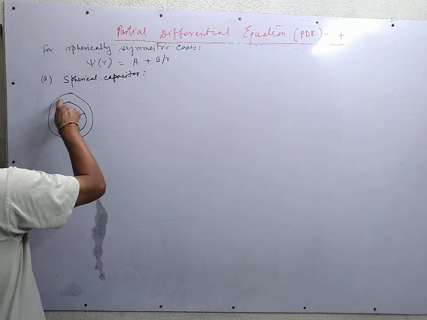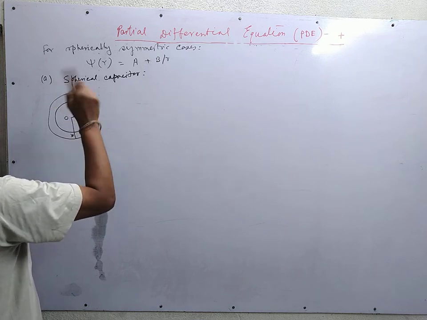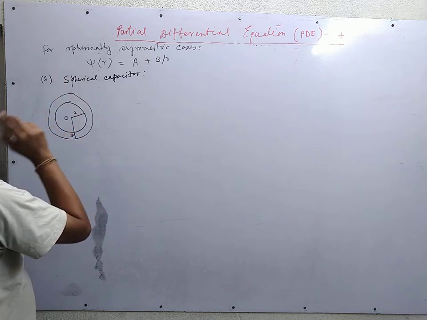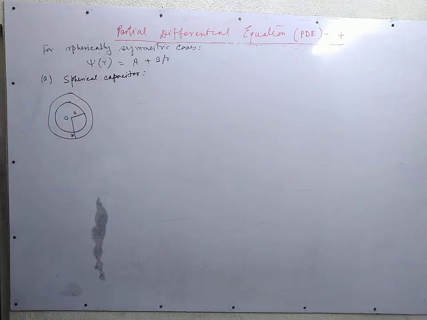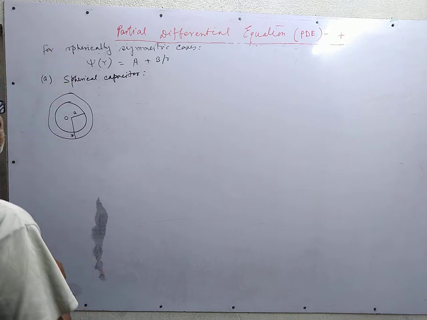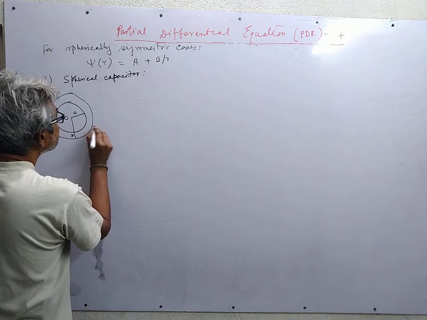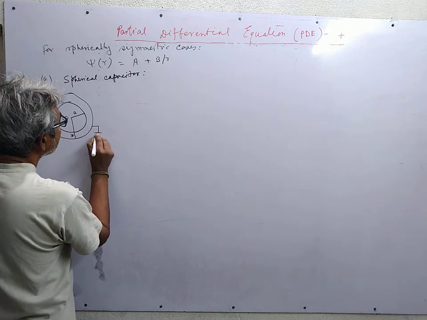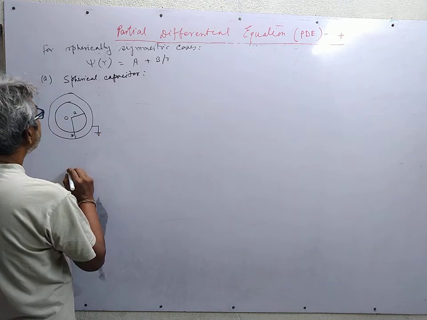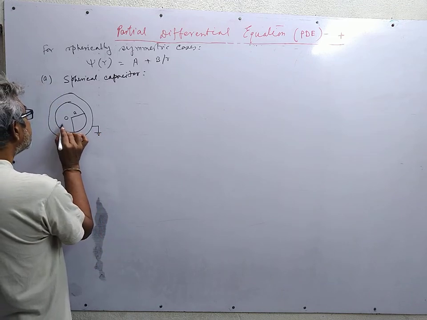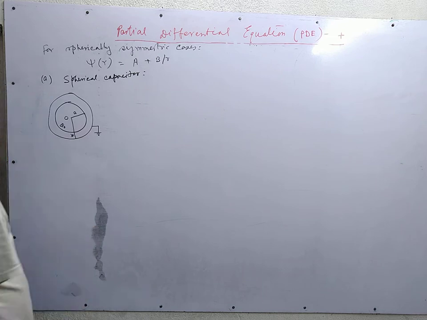For points here there are no charges, so the potential satisfies Laplace's equation, which for spherical symmetry has this solution. We assume that the outer sphere, with radius b, is grounded, and the inner one is maintained at a constant potential phi 0.